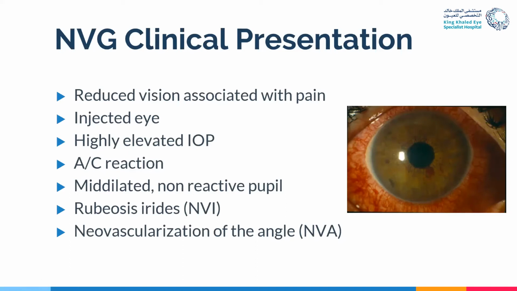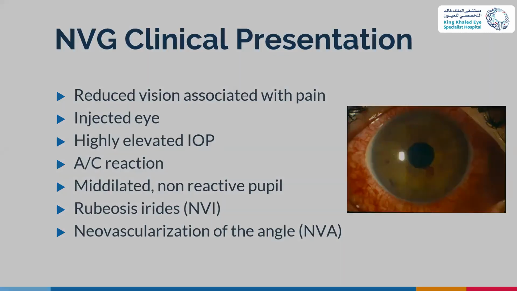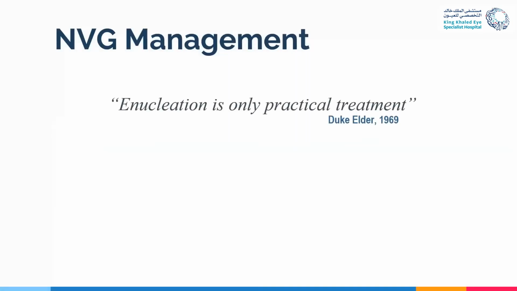We should do gonioscopy to look for new vessels in the angle. Sometimes with high pressure and corneal edema, observation of the new vessels on the iris is difficult due to media clarity. Also, these are not normal blood vessels, so high pressure can collapse these vessels to a large extent. So what is the management?